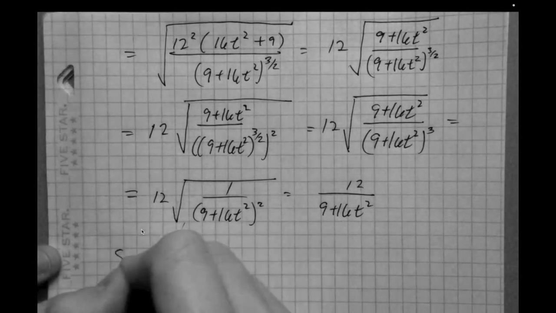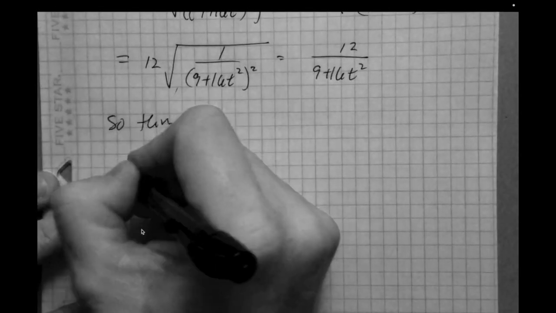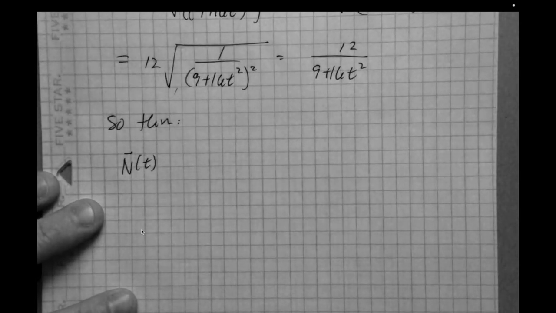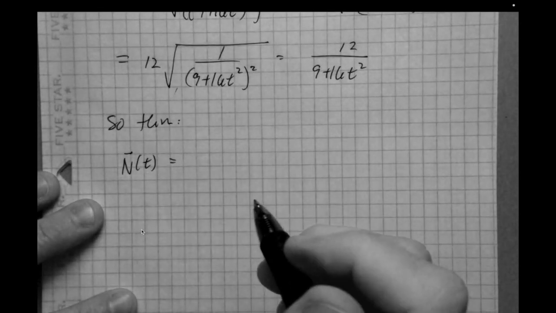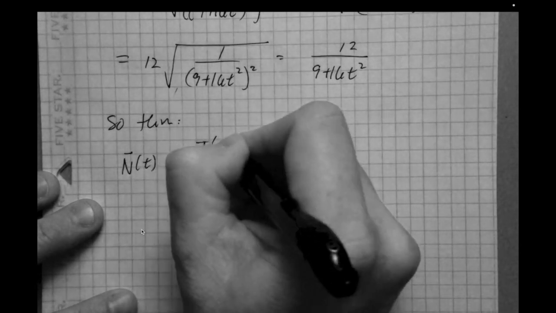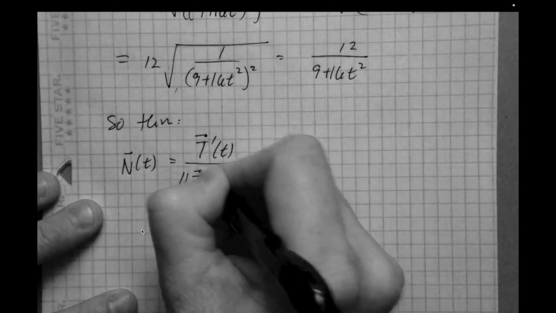Okay, so then N of t, what is that one going to be equal to? Well, that is T prime of t divided by its norm, which we just found.